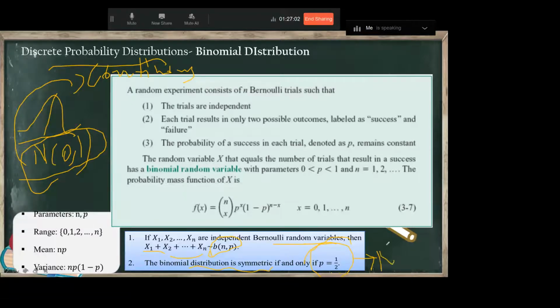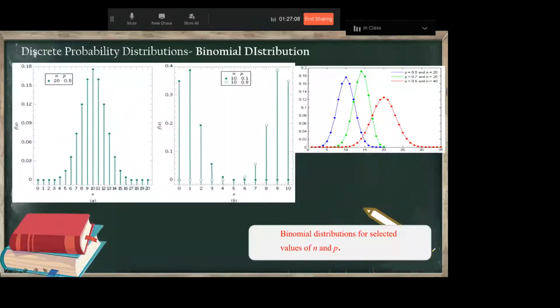What different shapes can we see in this example? Here, look, this is exactly p is half. So if p is half, you see that it gives us more like a normal distribution.